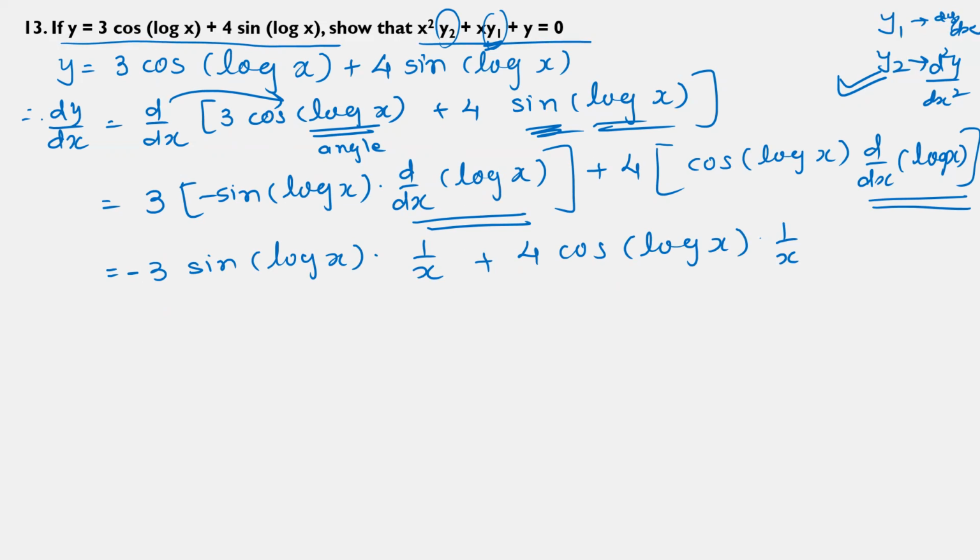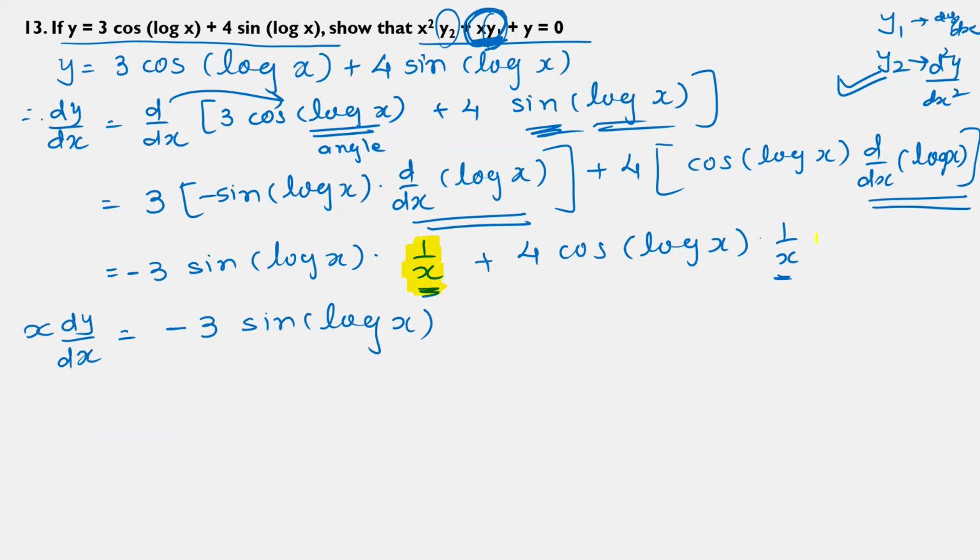If we see in the question, the middle term is x y1, that is x times dy by dx. So x is there in the denominator. I can take x that side, and it will go in the numerator. So on the right hand side, 1 by x is removed from both the terms.